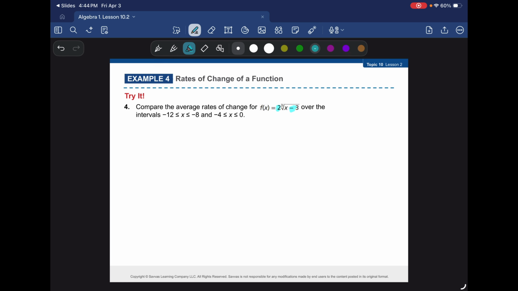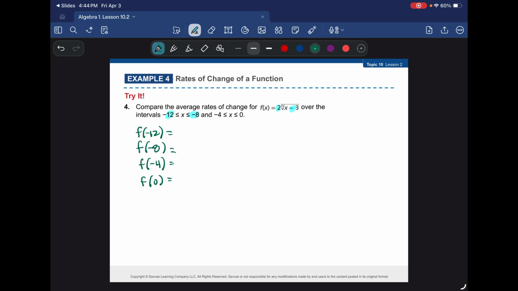Okay, remember to first calculate the rates of change, we need to evaluate the endpoints for each interval. So we're going to evaluate f of negative 12 and f of negative 8. We would also need to evaluate f of negative 4 and f of 0.